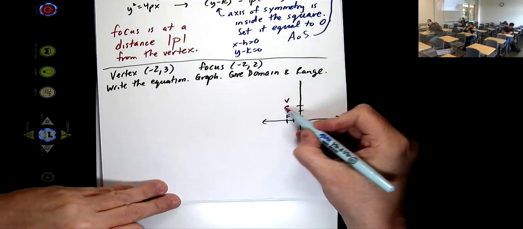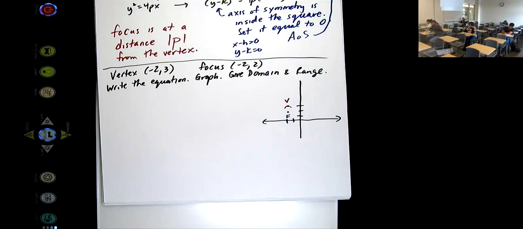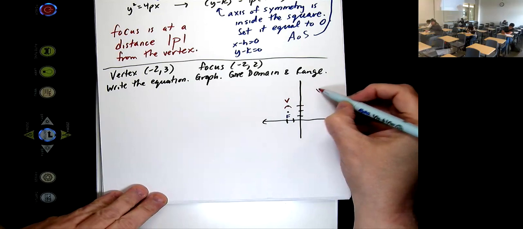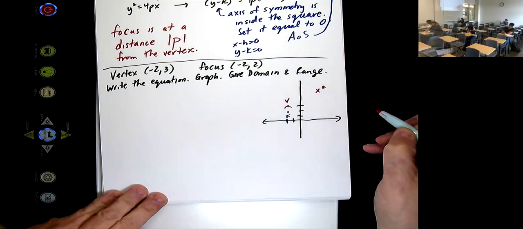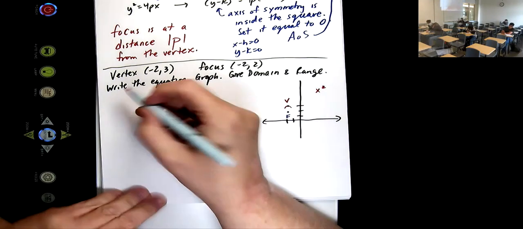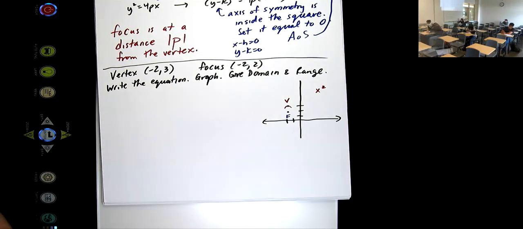Which tells me it's going to open downward. And if it's opening downward, then the x is the squared thing here, and I need to use the (x minus h) squared one.